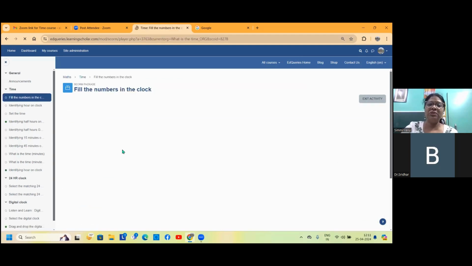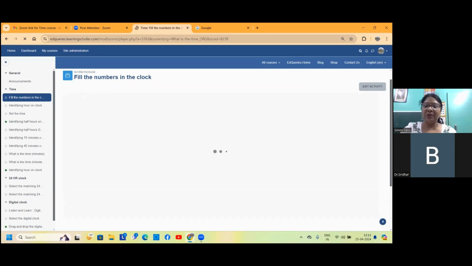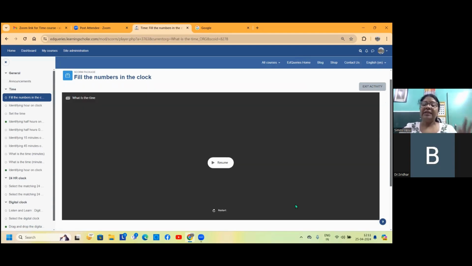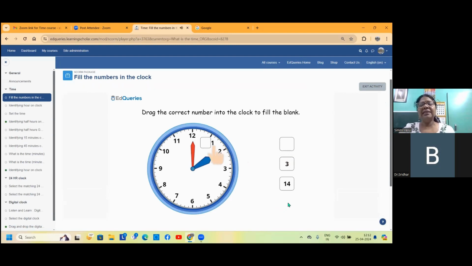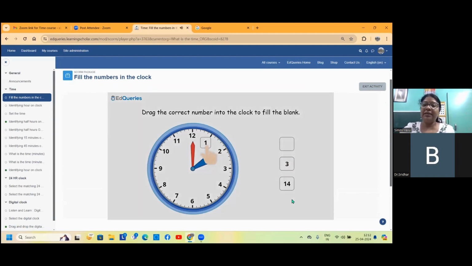The basic was basically to know the numbers, fill in the numbers in the clock. So again and again, I'm repeating, please introduce the concept in a concrete format or with the real object. Then go to a lot of games or flashcards, then come to worksheets, and then you can generalize. Along with it, you can generalize in any platform or e-learning websites.